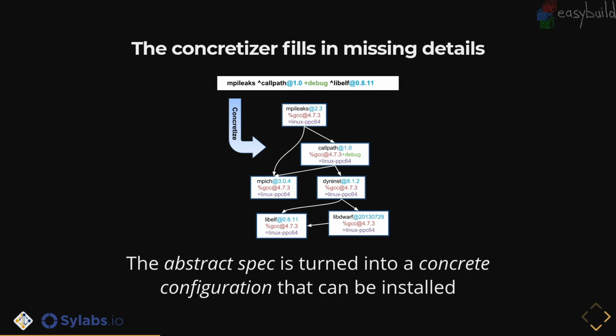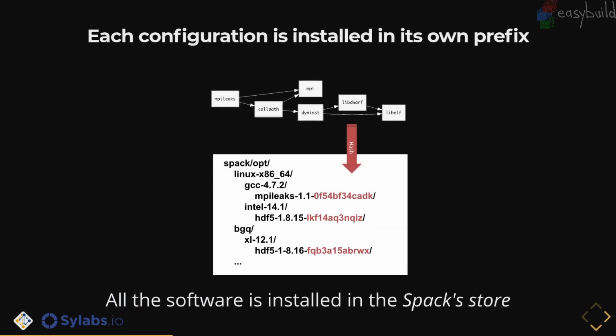Usually you could hear, in the Spack world or in the Spack community, that the abstract spec, the user requirements, is turned into a concrete one, which is what is actually installed with all the details. And that concrete one is basically modeled by a directed acyclic graph with a lot of metadata on both nodes and edges. And that metadata can be, of course, hashed.